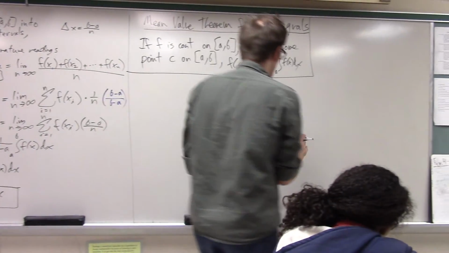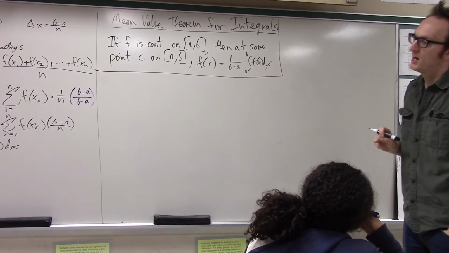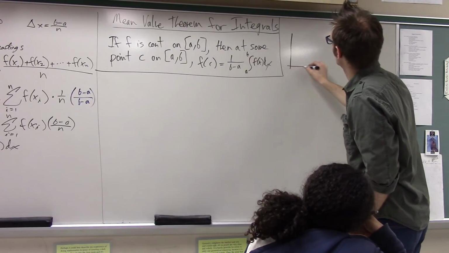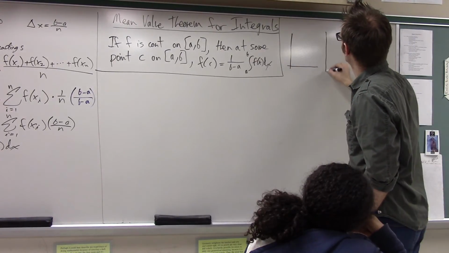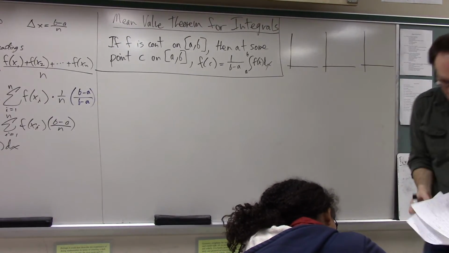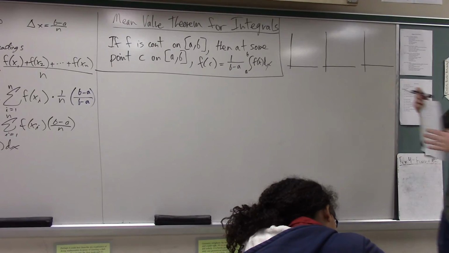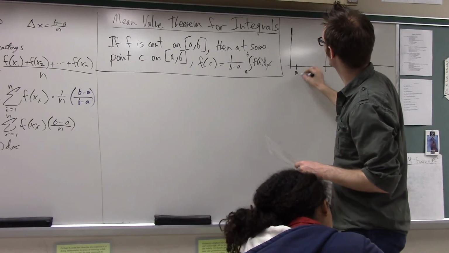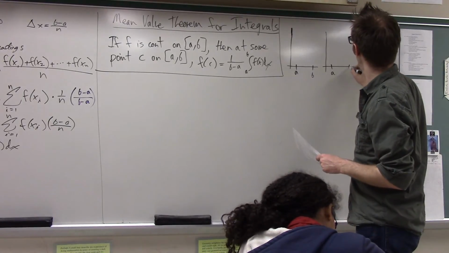The proof essentially revolves around a simple idea. There are these three pictures. I'm going to squeeze in three pictures here of the same function, drawn in a slightly different way. So here's a function, and let's see.